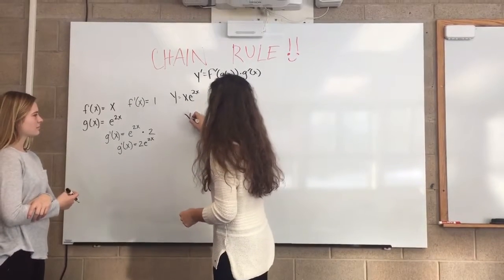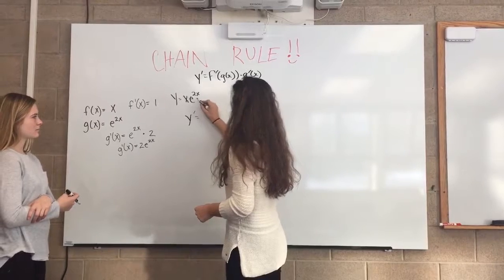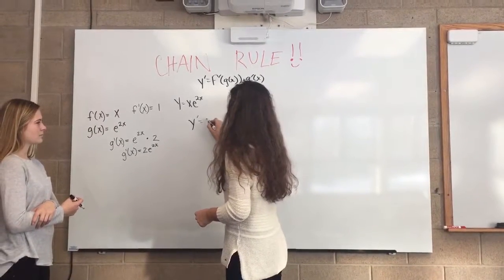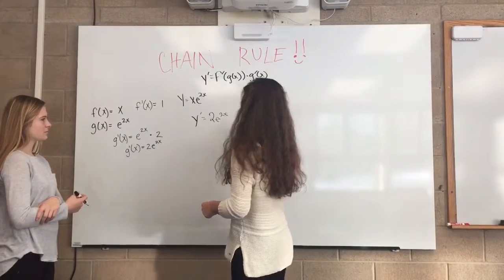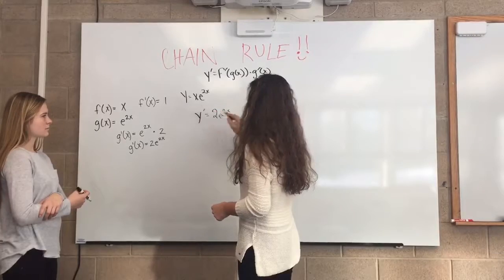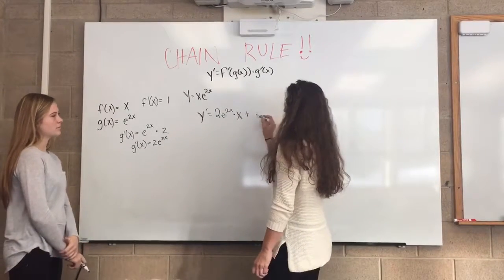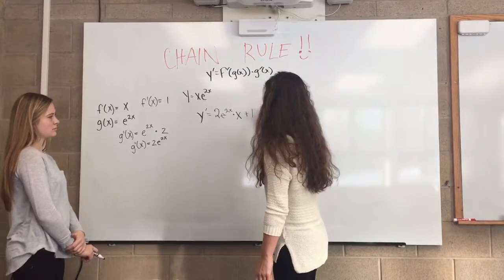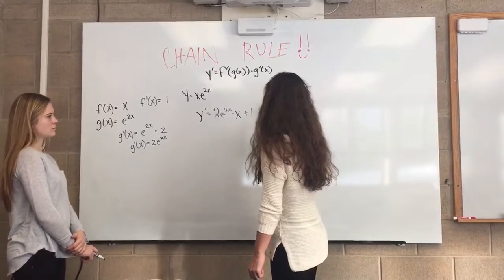So to get y prime, we do the derivative of e to the 2x, which is 2e to the 2x, times the first function, which is x, plus the derivative of the first function, which is 1, times the second function, which is e to the 2x.